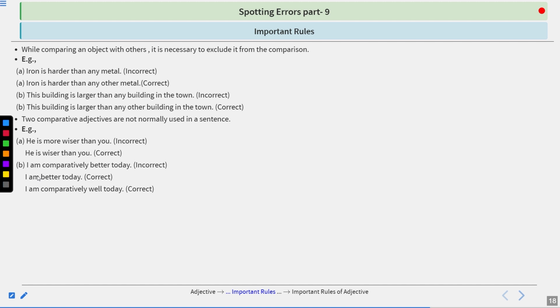If you want to use comparatively, you have to use the positive degree of an adjective, well. In the above sentence, you have used the comparative degree of good, which is better. So if you want to use comparatively, you have to use the positive degree with it. And if you don't want to use comparatively, then remove comparatively.